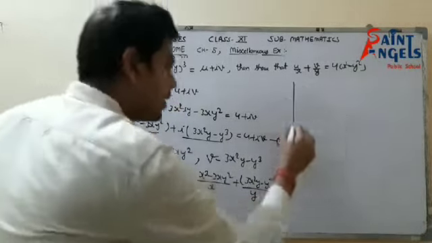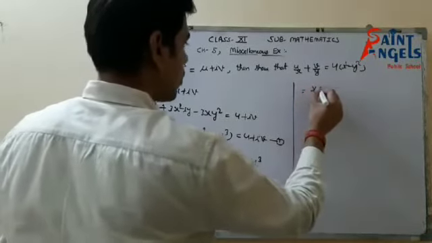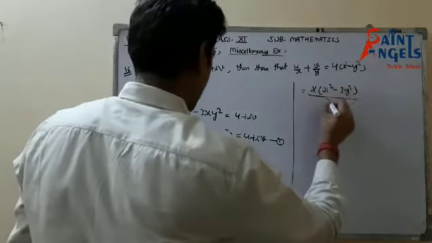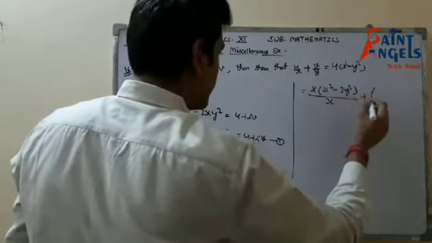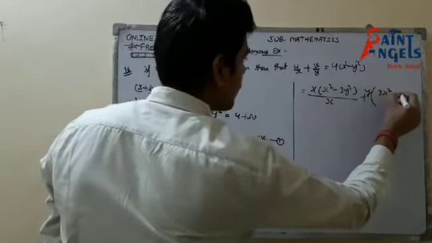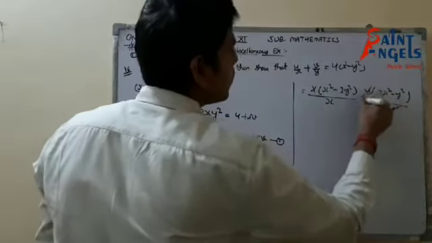Now from here I am taking x as common. So it would be x square minus 3y square upon x, plus from here take y as common, so it would be 3x square minus y square upon y. So that would be cancelled out.